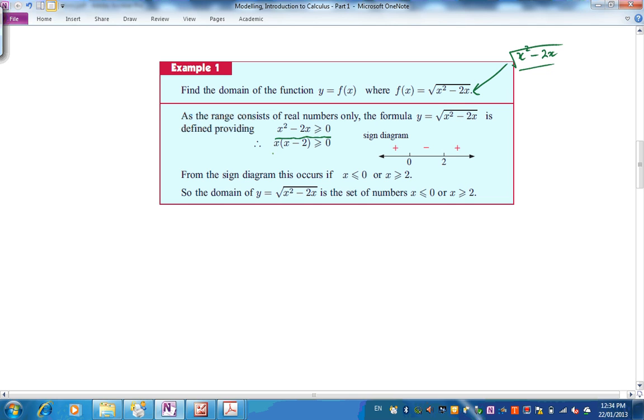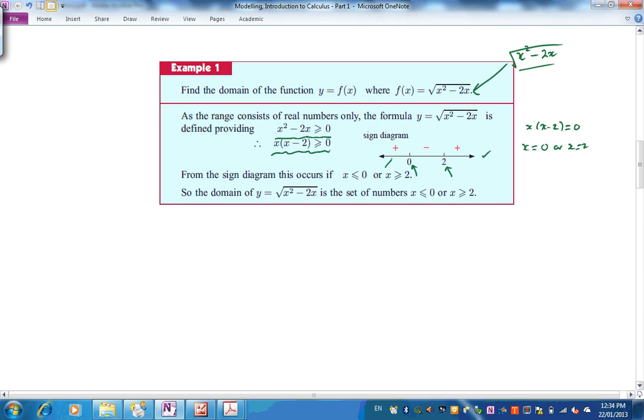So not a bad trick is to factorise it and to find out when x by x take 2 actually equals 0. By null factor law, that's when x is 0 or x is 2. So if we make a little number line here, going along the x-axis if you like, there's x is 0 and there's x is 2.